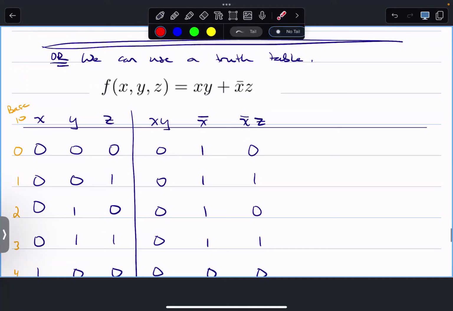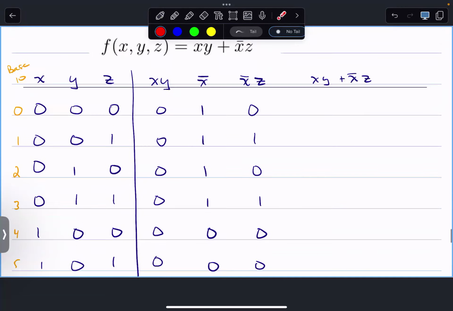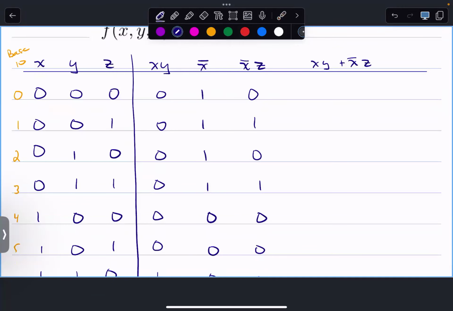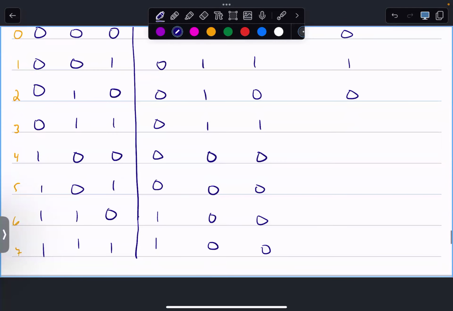And now I can build the final XY plus not XZ by adding these two columns together. I get 0 plus 0 is 0, 0 plus 1 is 1, 0, 0, 1, 1.